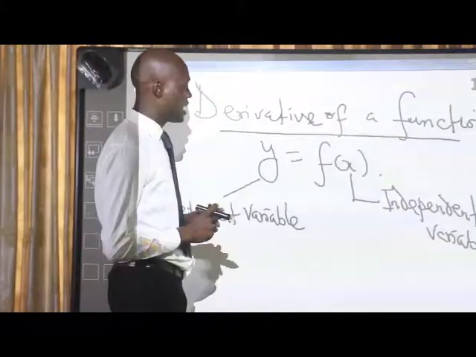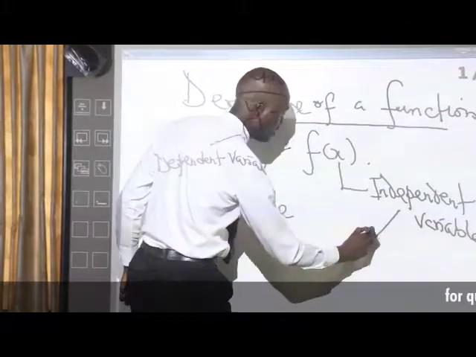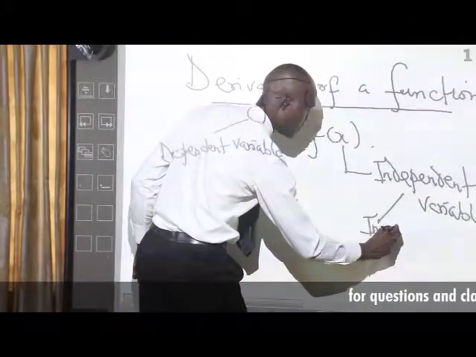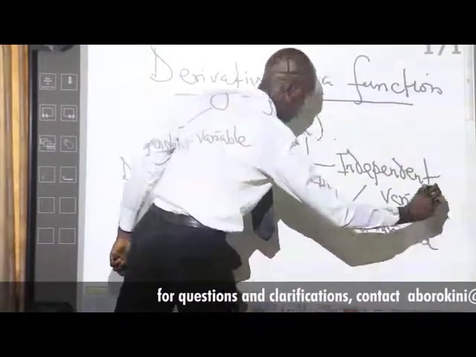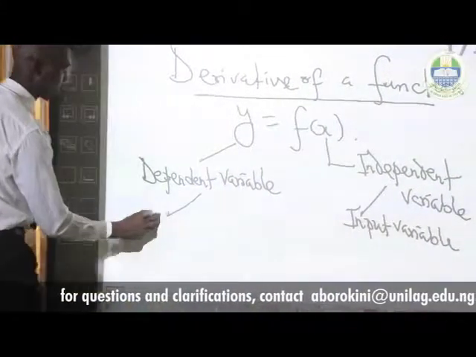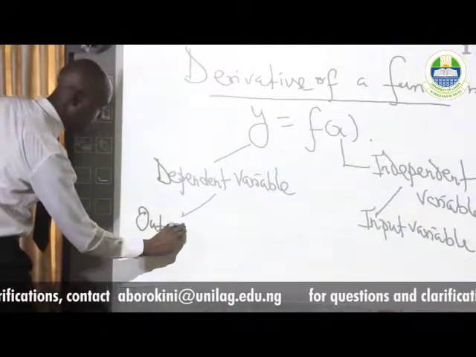Also, the independent variable is otherwise called the input variable, while the dependent variable can also be called the output variable.